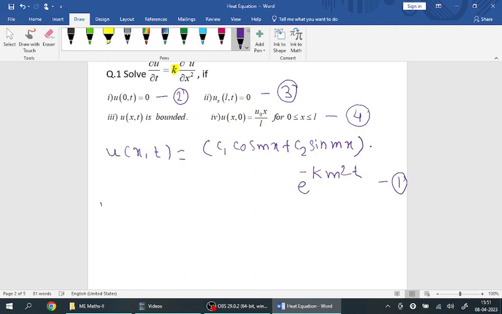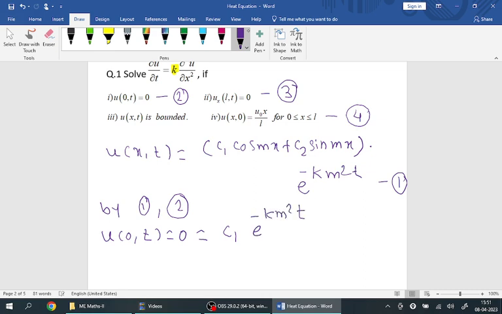By equation 1 and equation 2, we have to replace x by 0. We have u of 0, t, that is equation 1, u of 0, t is 0, means x is 0 and keep t as it is. If x is 0, cos 0 is 1, sin 0 is 0, so we get c1 cos 0 is 1, c2 sin 0 is 0, so only that, times e raised to minus k m square t.